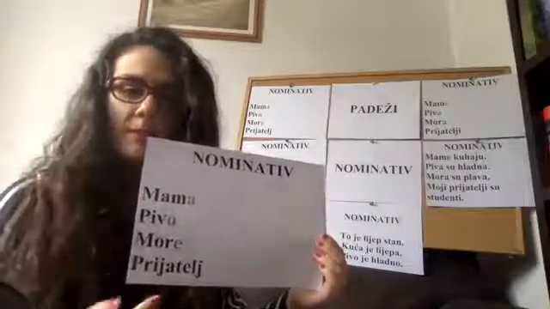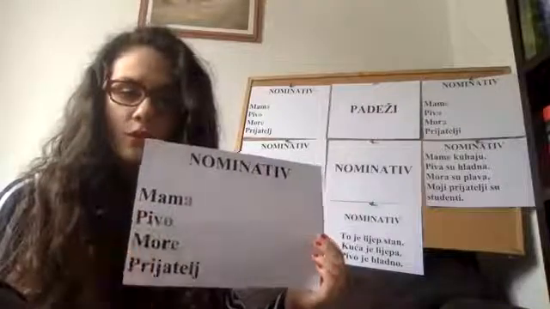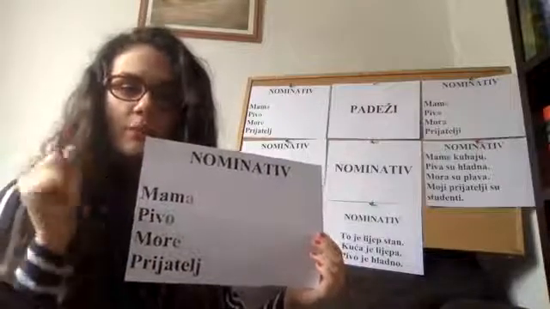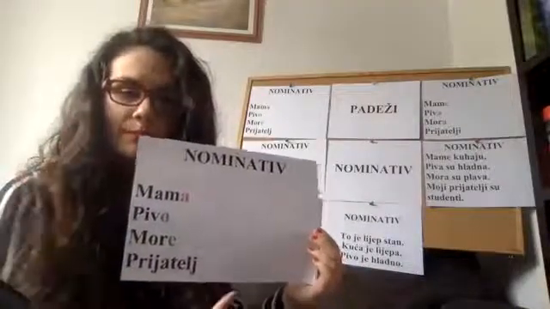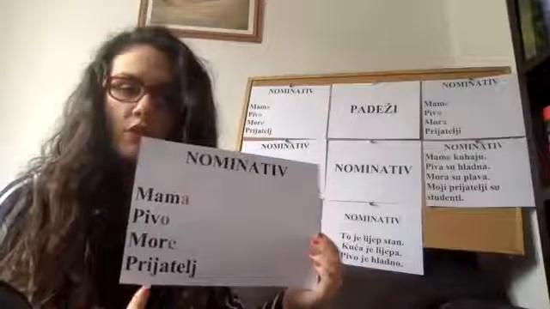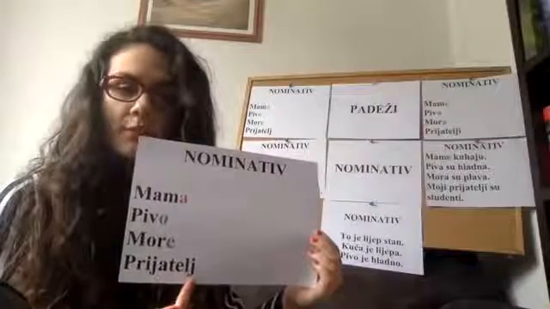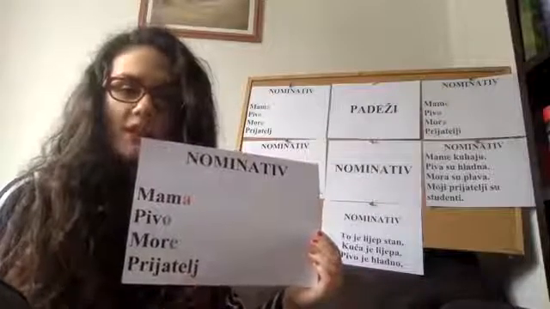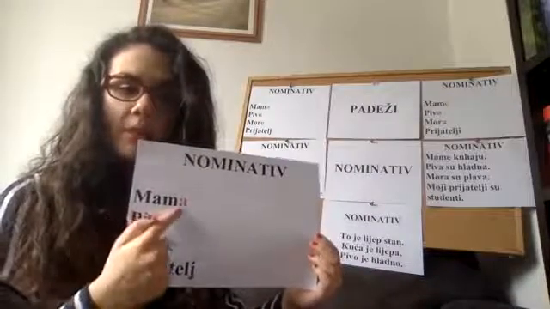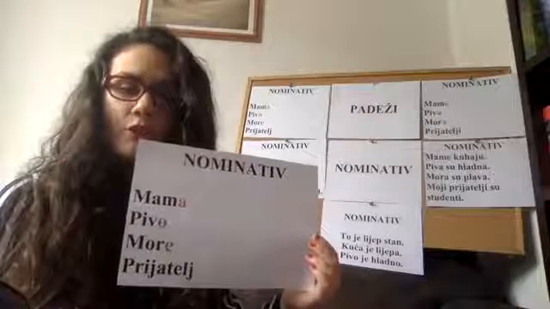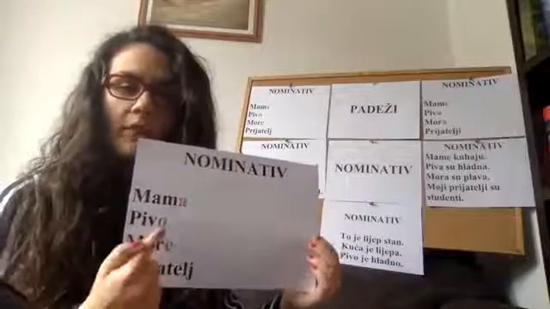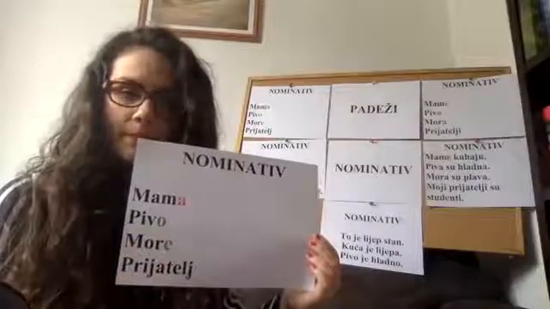So 3 genders, masculine, feminine, neutral. 3 roda, muški, ženski, srednji rod. Prijatelj, muški rod, it doesn't end with a vowel, it ends with a consonant. Ženski rod, feminine, ends with a, mama. Neutral ends with o or e, pivo, more.